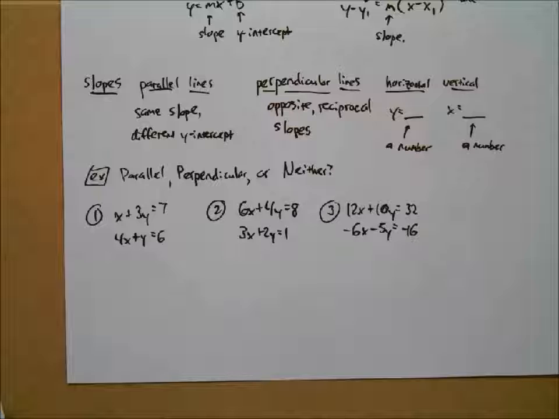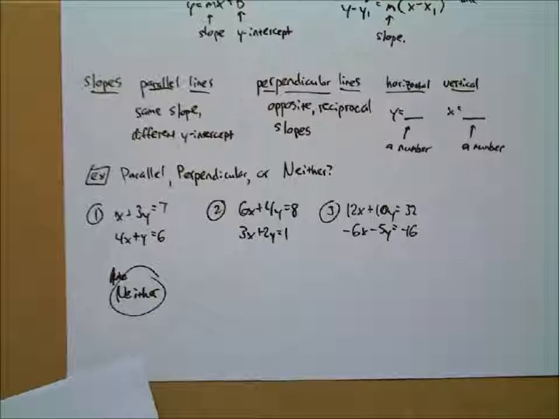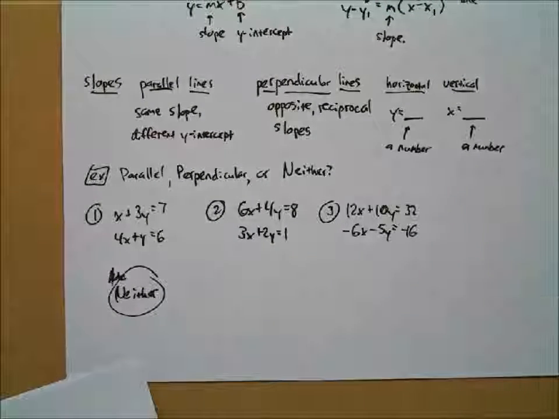How about a volunteer for number 1? Go ahead, Melody. Neither. Okay, neither. Did you put it in slope-intercept form? They had different slopes, but not opposite reciprocal. Cool. How about another volunteer for number 2? Parallel.